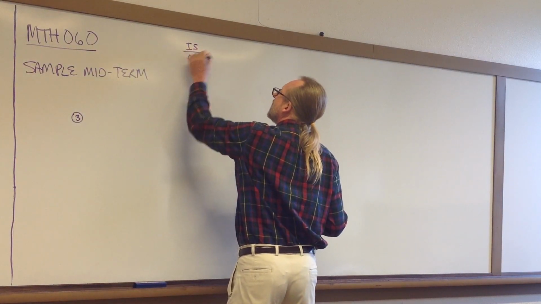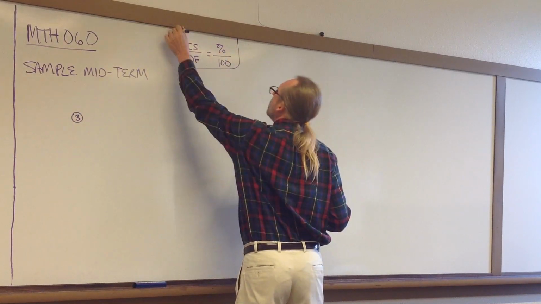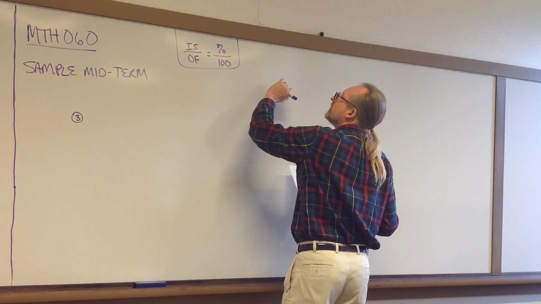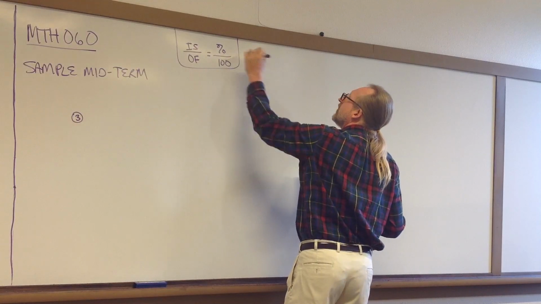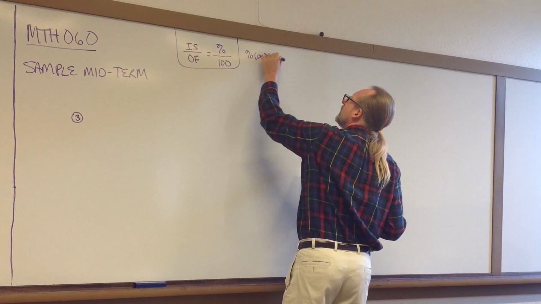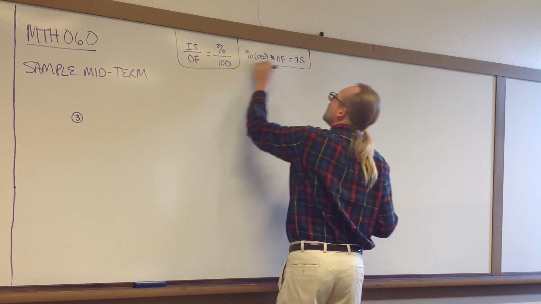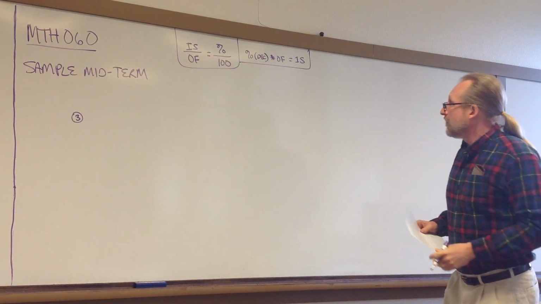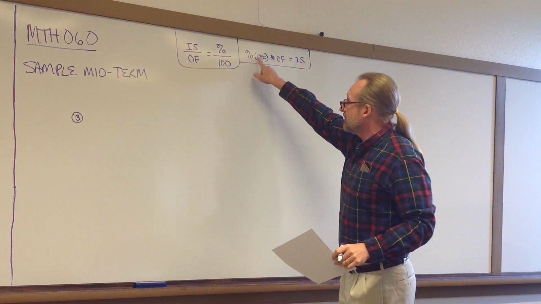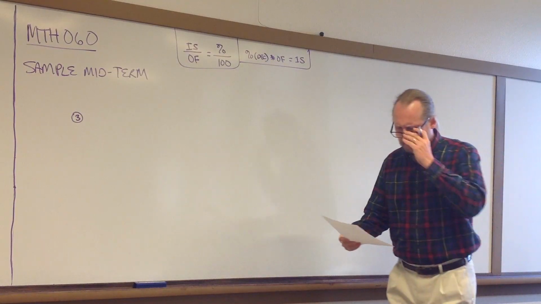You can set them up as "is over of equals percent over 100." Or you can say, the percent as a decimal times "of" equals "is." That's another way that you can set this up. But if you do it this way, you have to use the percent as a decimal. You have to turn it into a decimal first.